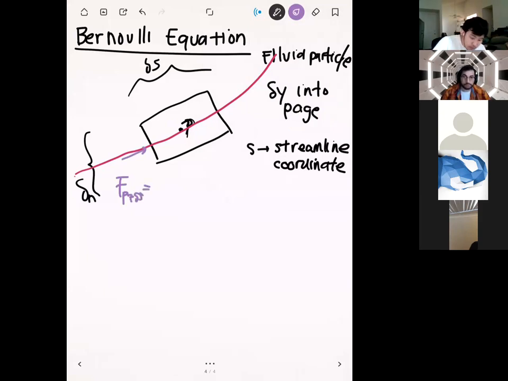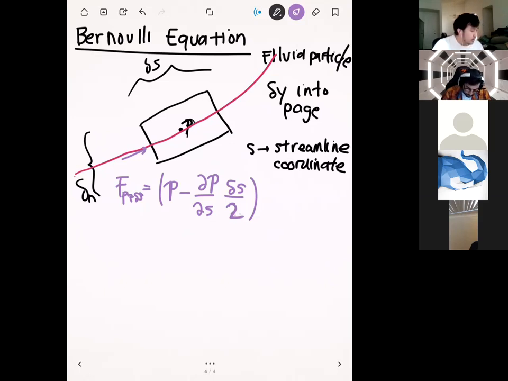The way that we characterized it was we have our central pressure minus the derivative of the pressure, because even though we know the pressure at the centroid of the particle, that pressure can change as soon as we move, because this pressure is a dynamic thing now. Remember, we're in fluid dynamics. And so the force on the left-hand side of the box is going to be the pressure multiplied by the area of that face.